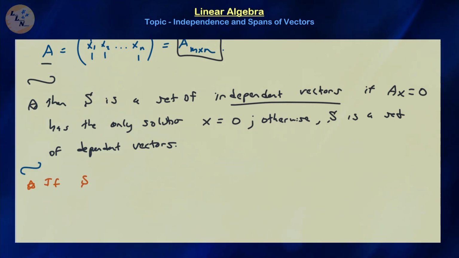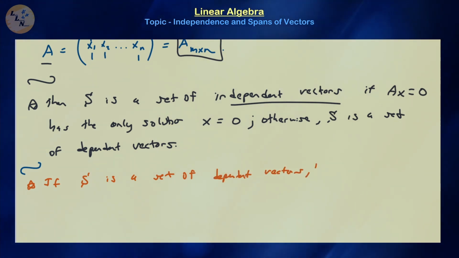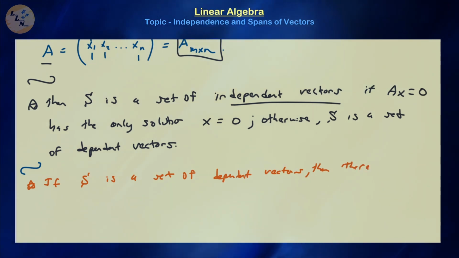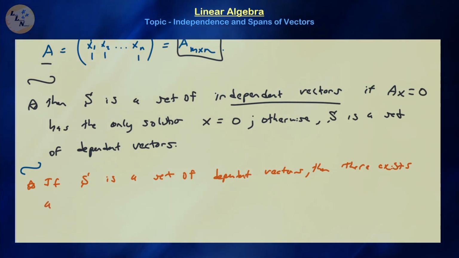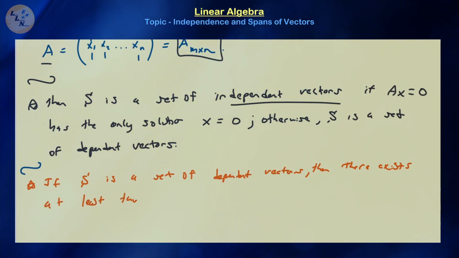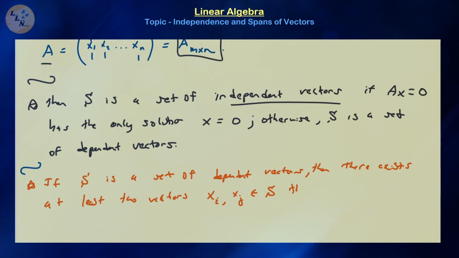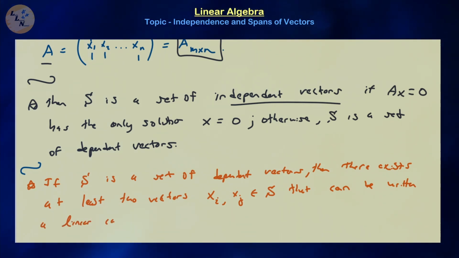If S is a set of dependent vectors, then there exist at least two vectors, let's call them xi and xj, in that particular set that can be written as a linear combination of the other.